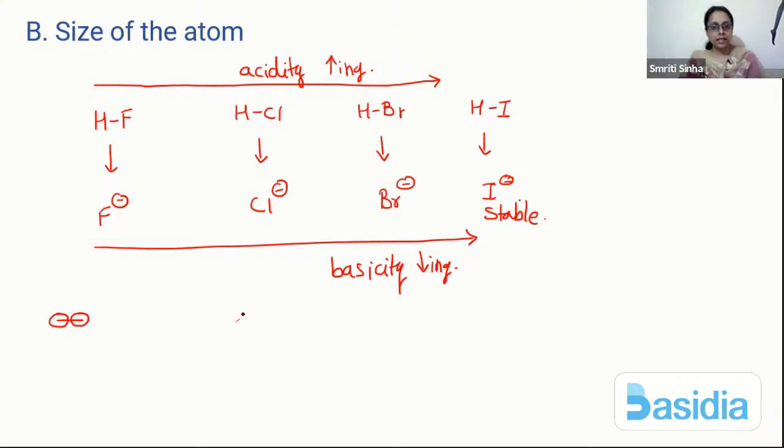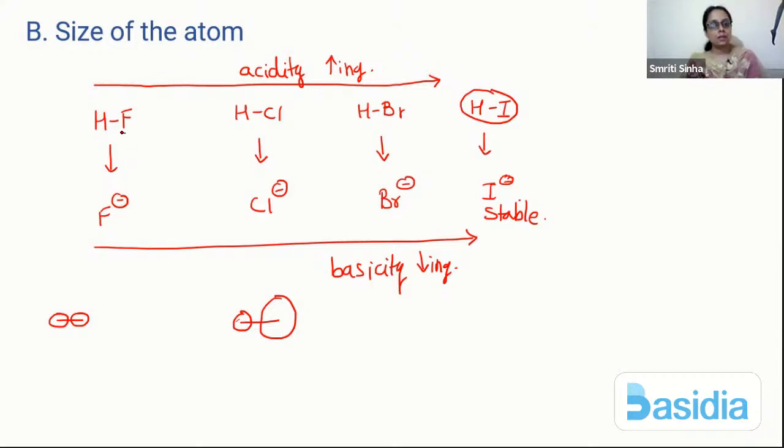But for HI, the size difference is much more, because I is larger and H is smaller. The bond between these two different sizes lets H go and be donated as an acid, and that's why HI behaves as a stronger acid as compared to HF.